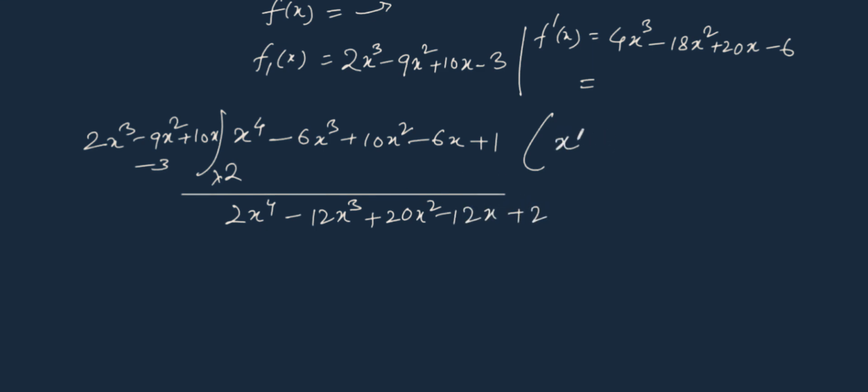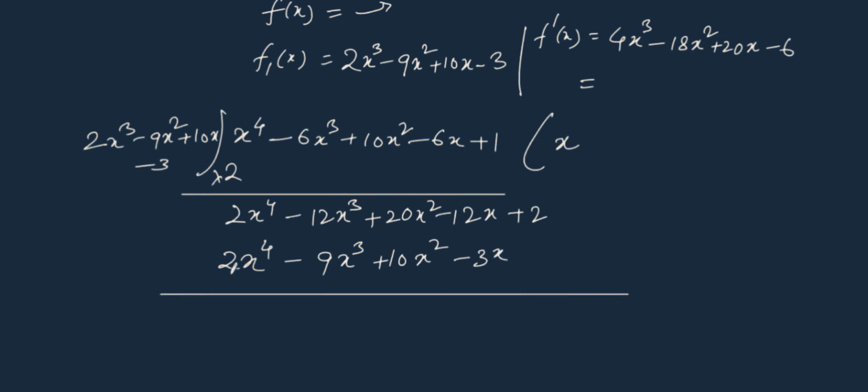Okay, put x here, we'll get x times 2x to the power 4 minus 9x cube plus 10x square minus 3x. Change signs: negative, positive, negative, positive. Get cancelled. Negative 3x cube, positive 10x square, and then we'll get negative 9x plus 2.